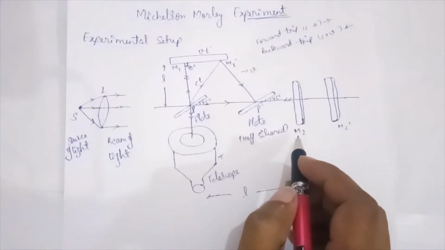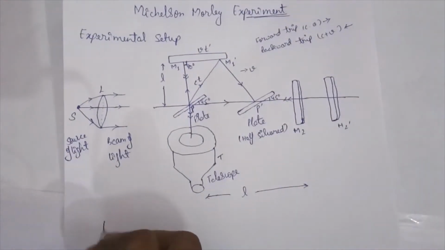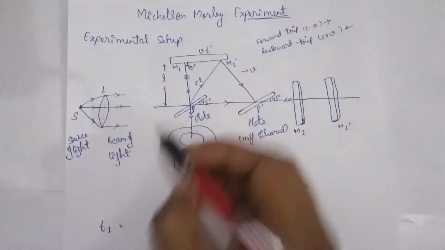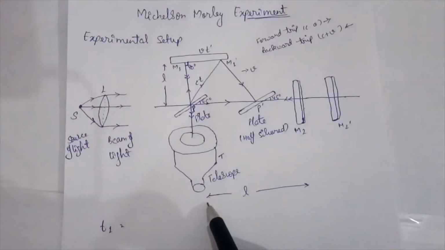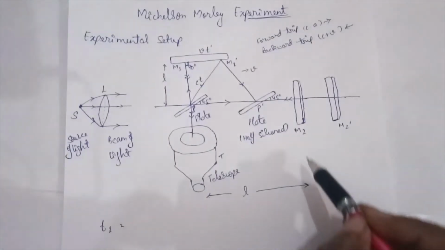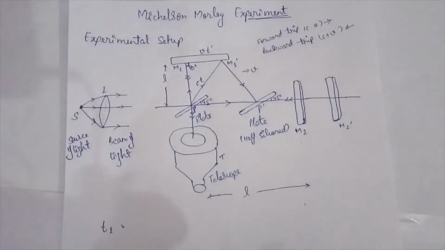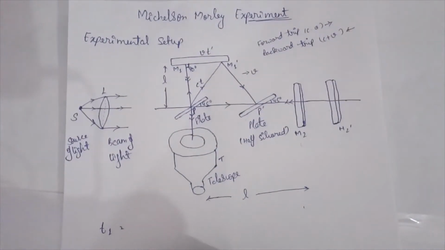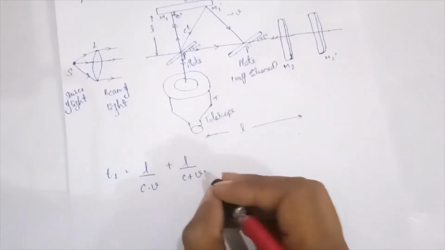Here, the length from point P to M1 is L, and from the telescope to M2 the length is also L, so both lengths are the same. So T1 equals L upon (c minus v) plus L upon (c plus v).